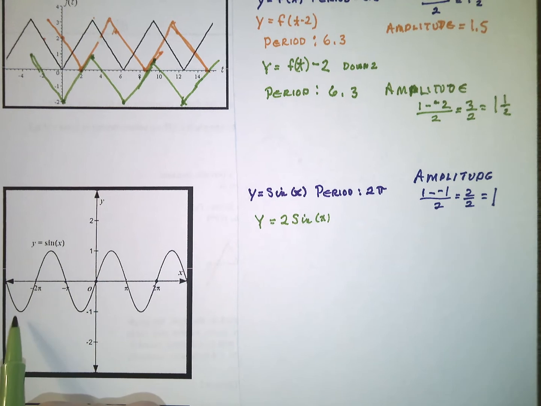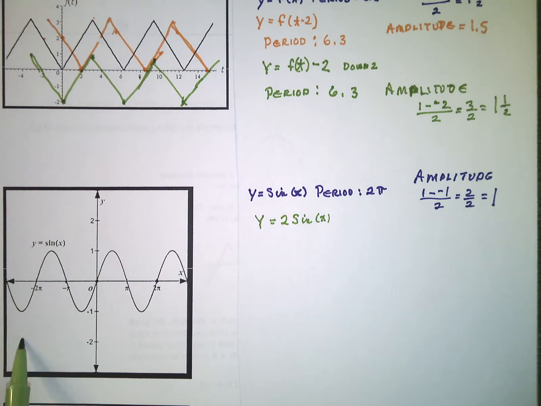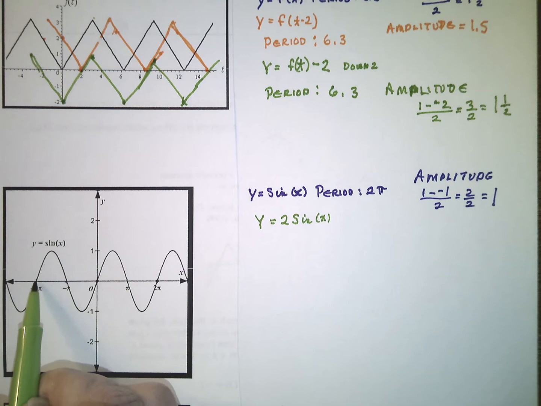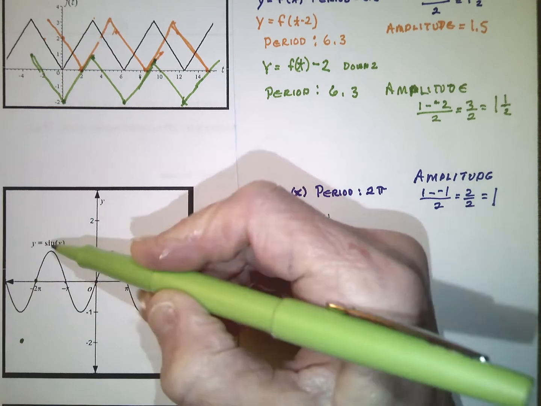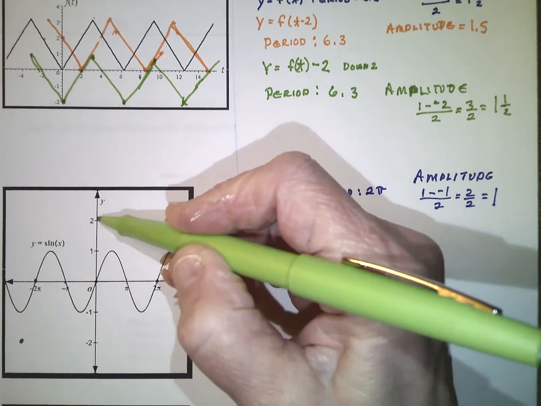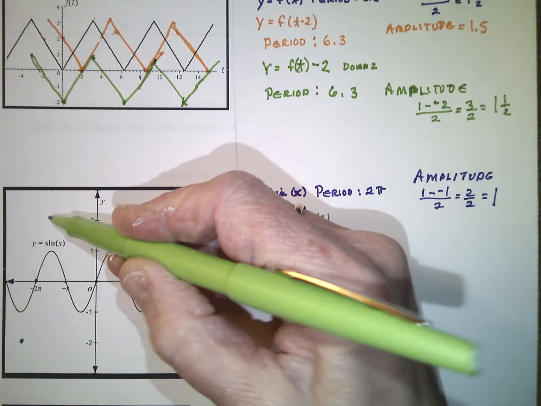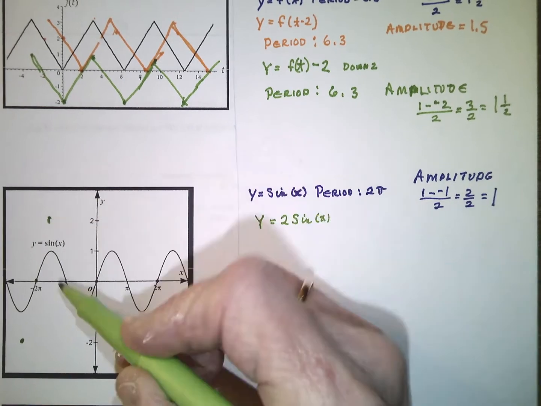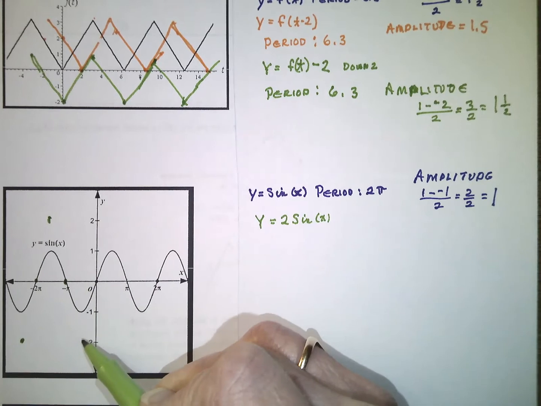So instead of bottoming out at negative 1 here, it's going to bottom out at negative 2. Now here the y value was 0. 2 times 0 is still 0. Here the y value was 1. We double that y value, it's at 2. 2 times 0 is still 0.